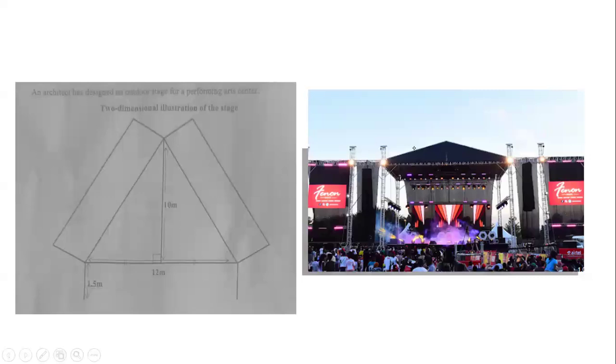But whenever we are drawing, we draw them on a graph paper. The beauty is that, when you are drawing this, you know the distance here, which is 10 meters. Then from here up to here, they have told you that this was 12 meters.